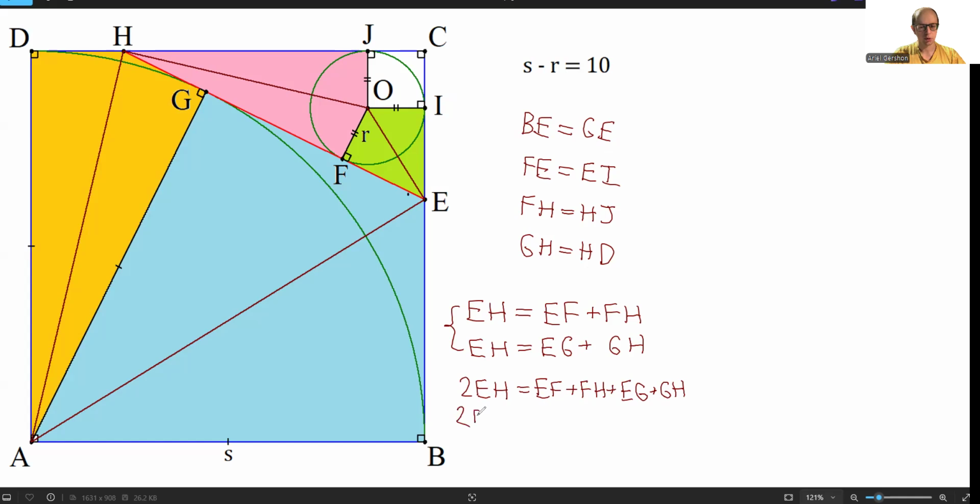And now we're going to use each of these four equations to rewrite that equation over here. So we have 2EH, replace EF with EI. Then we replace FH with HJ, replace EG with BE, and GH with HD.